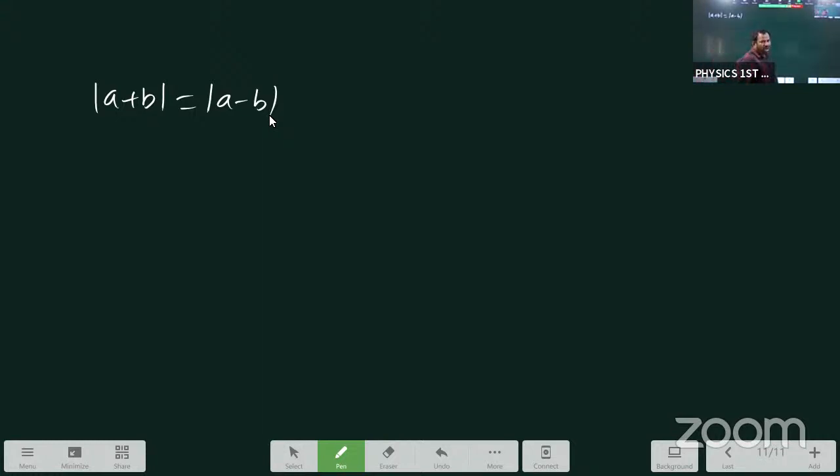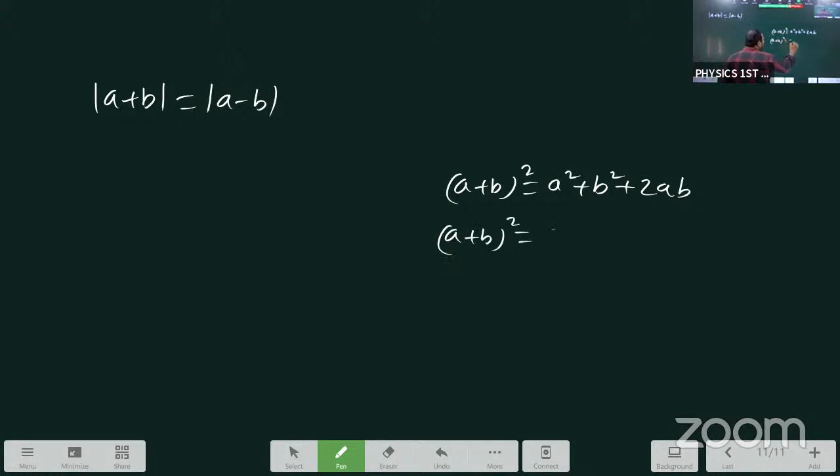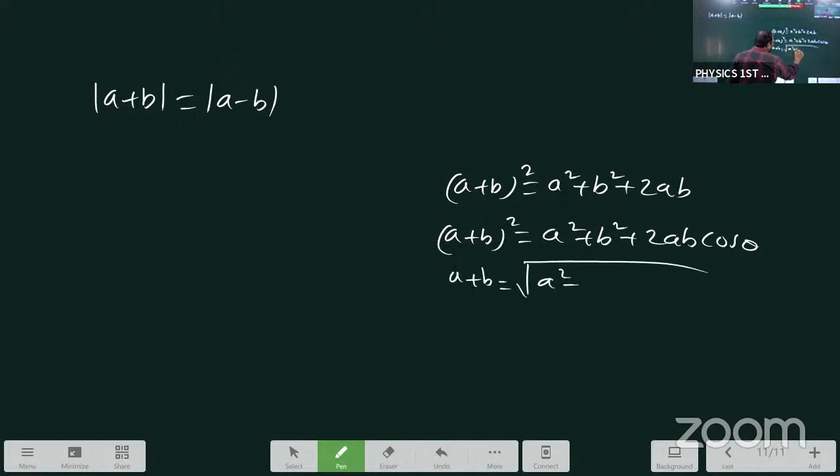When I was teaching the parallelogram law, I said a plus b whole square equals a square plus b square plus 2ab. Mathematically, that is it, but in physics, with the parallelogram law concept, we get a square plus b square plus 2ab cos theta, and the square goes to the right side as a root. The extra cos component comes from the horizontal axis.